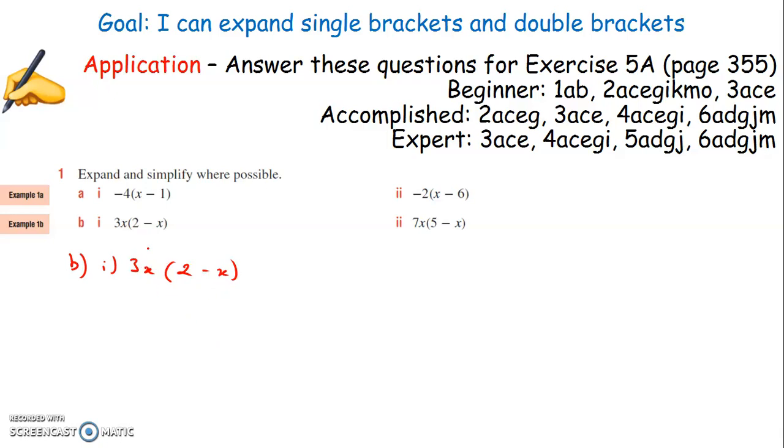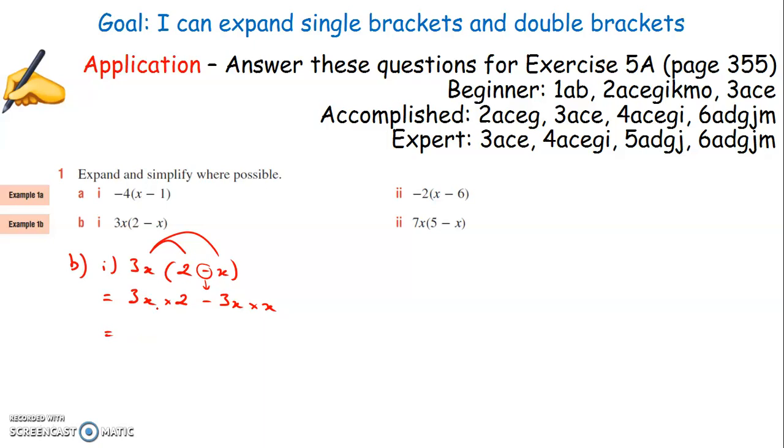We're still going to multiply the term that's outside, the 3x here, by each of the things that are inside. So 3x times 2, and then 3x times the minus x here. First 3x times 2, bring the minus sign out, and then we have 3x times x.